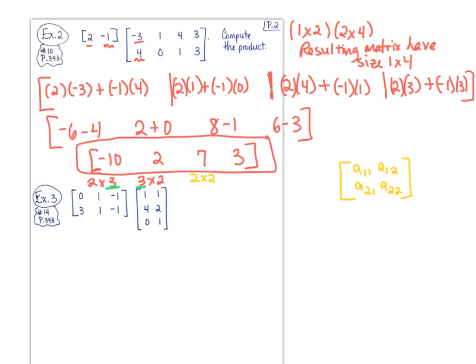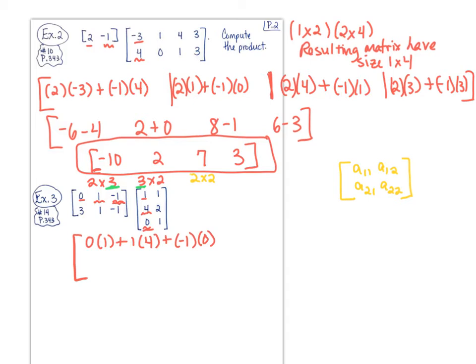Okay? So, we'll write it out. We will have a 2 by 2 matrix. So you would have 0 times 1. We're multiplying this times this. Then you have plus 1 times 4 plus negative 1 times 0.